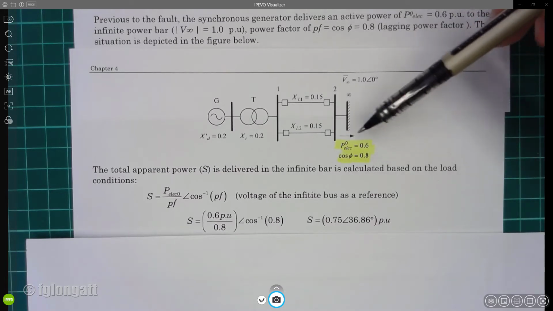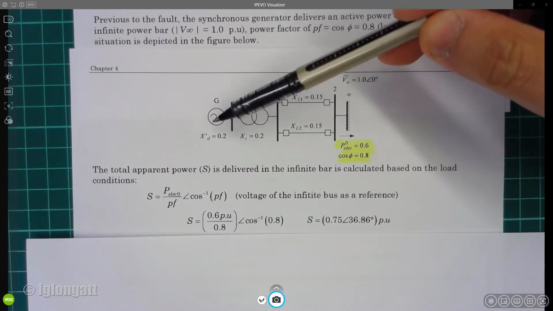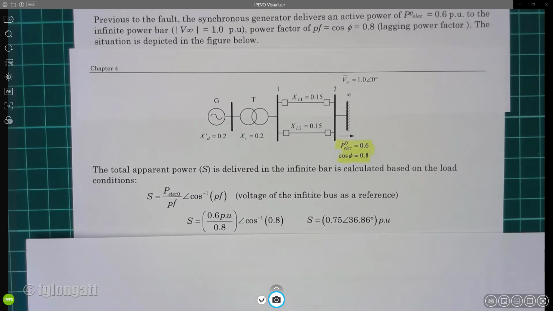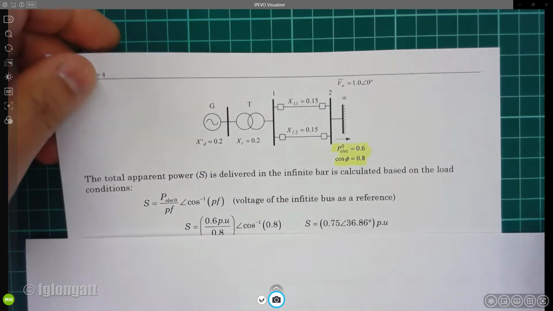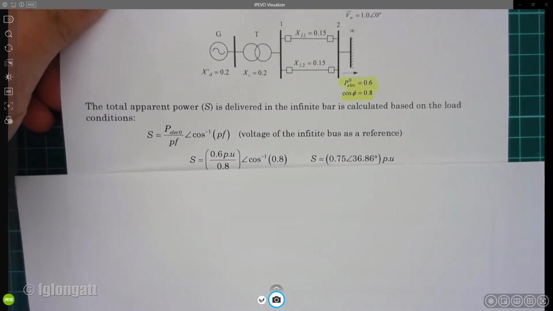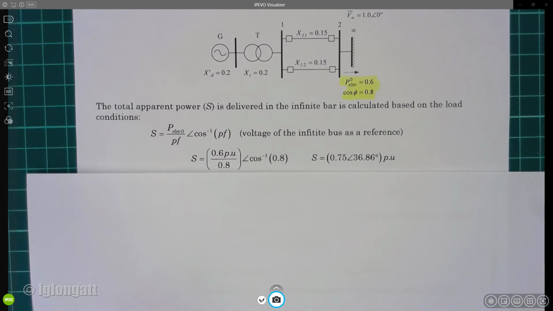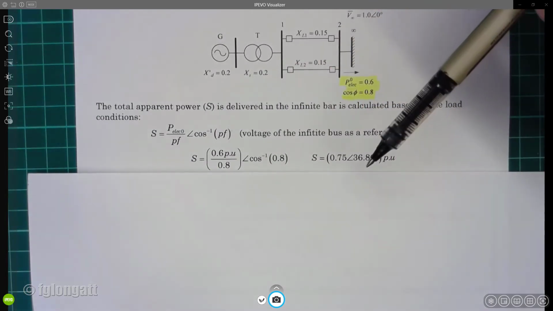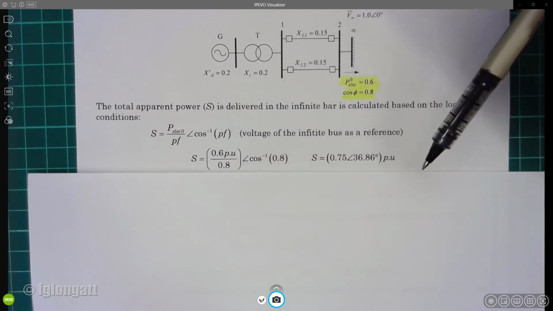What I want to do now is find the apparent power that this generator is delivering to the infinite bus bar. It's extremely simple, because all of you know that the active power divided by the power factor defines the apparent power. 0.6 per unit divided by 0.8 power factor.